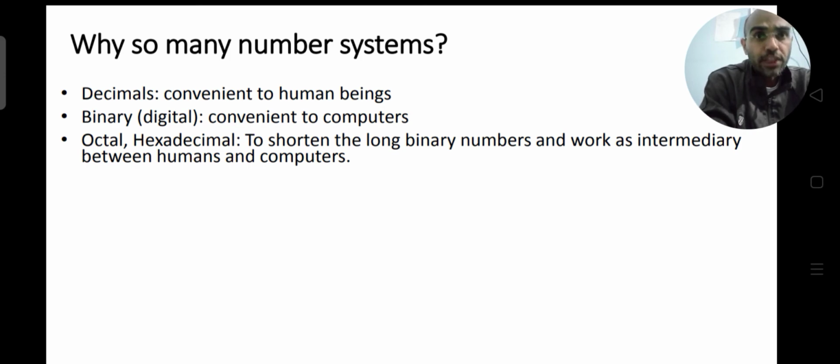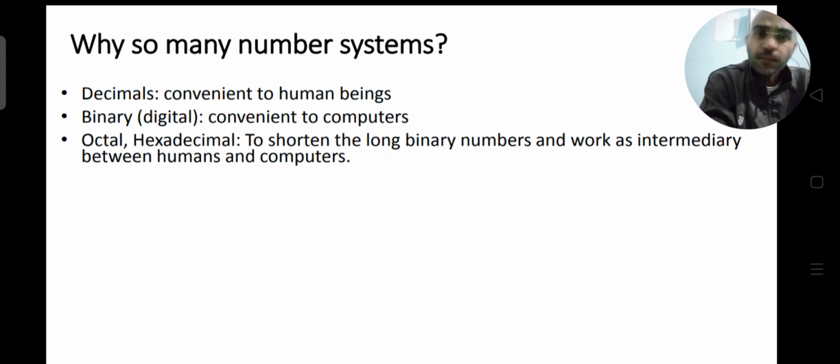There are only two options available, whereas in decimal number systems we have many options available. So, the binary number system is convenient to computers, whereas the decimal number system is convenient to human beings.